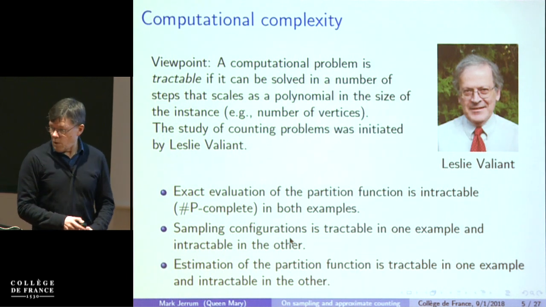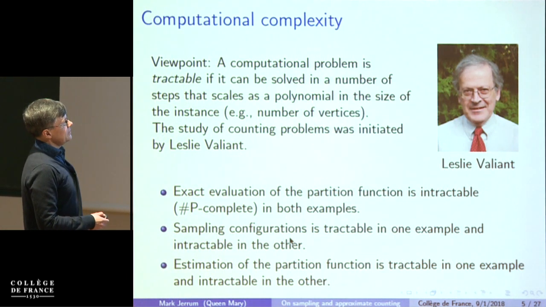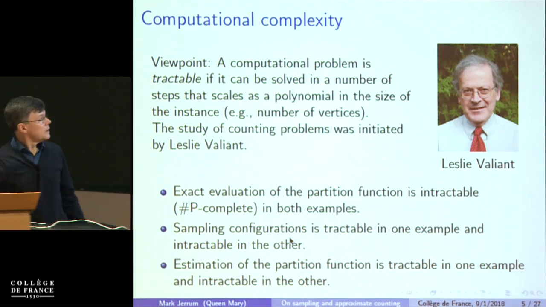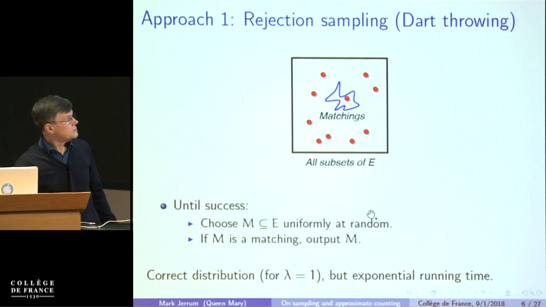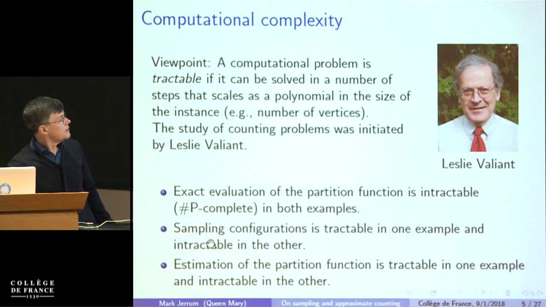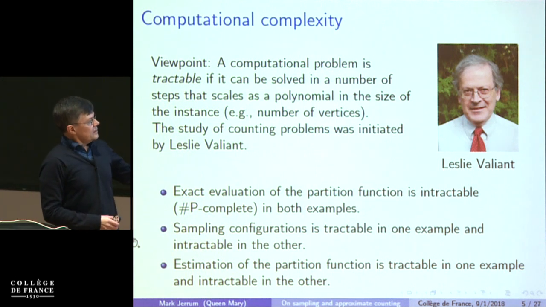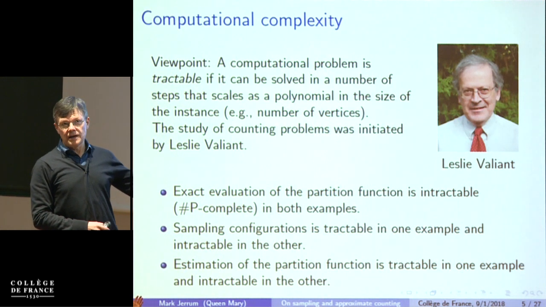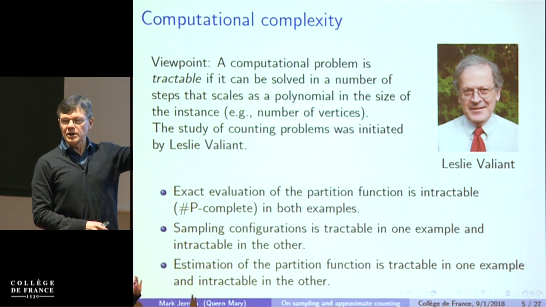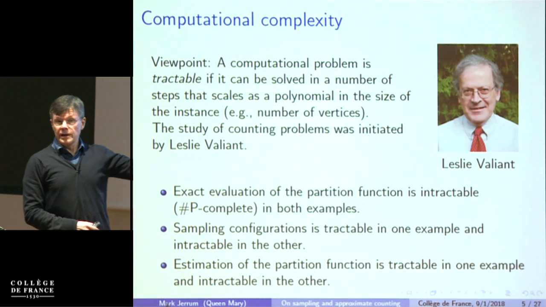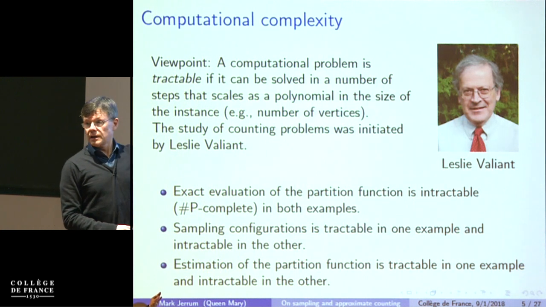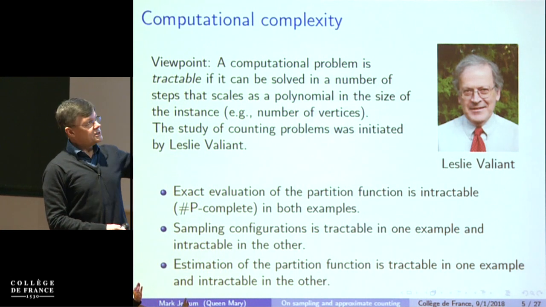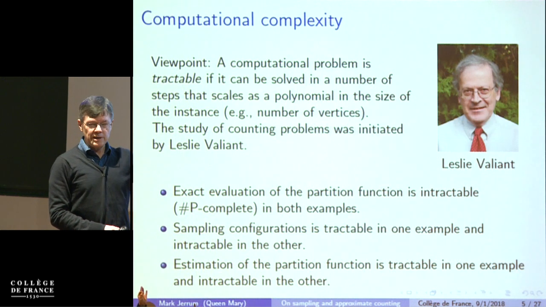On the other hand, that's why there's a lot of emphasis on trying to solve these problems approximately, which means getting a sample which is close in distribution to the one you want, or evaluating the partition function and getting a result which is within small relative error.